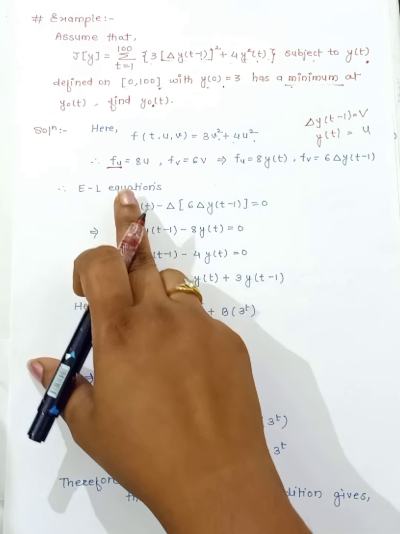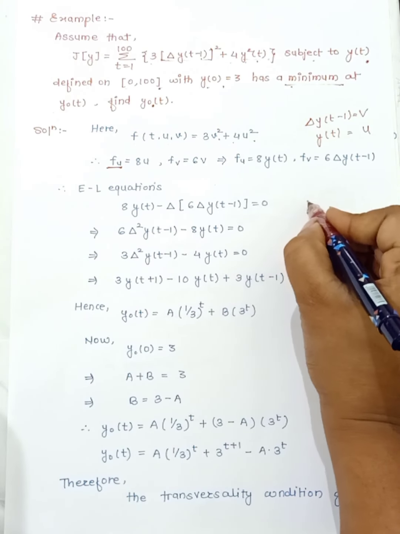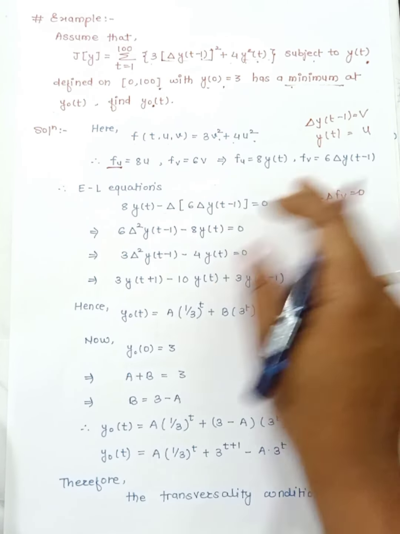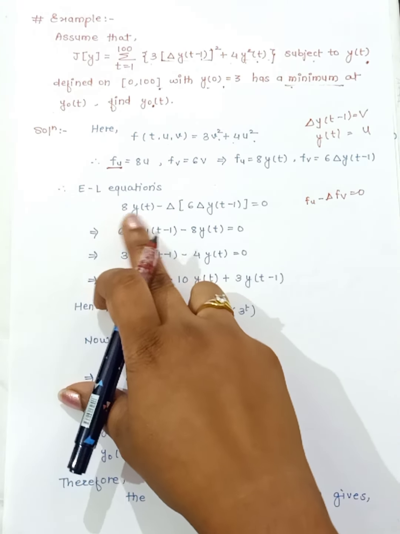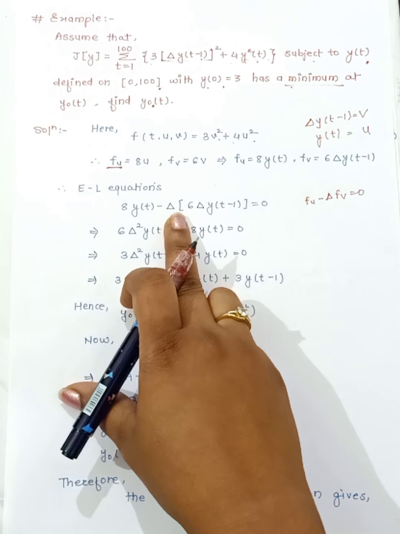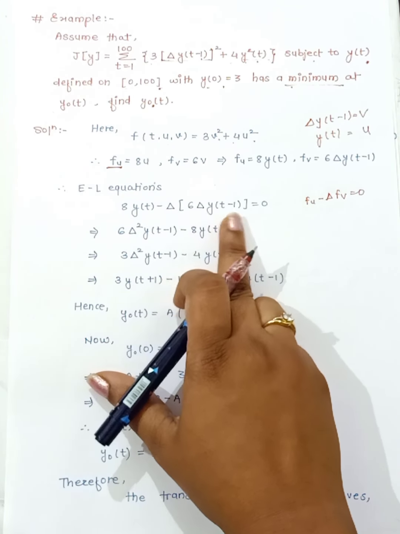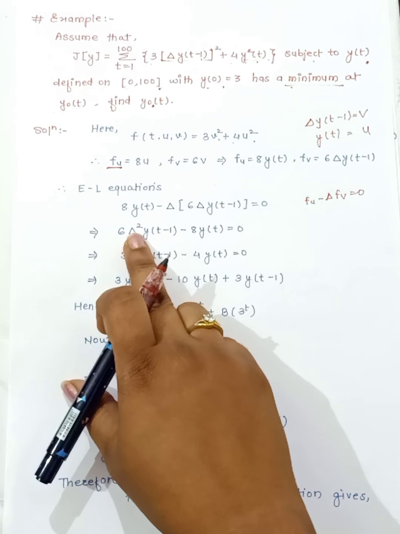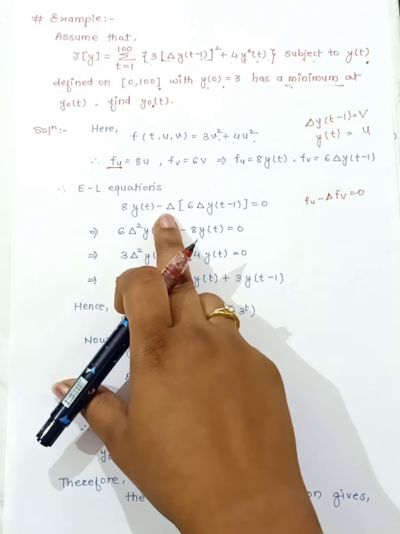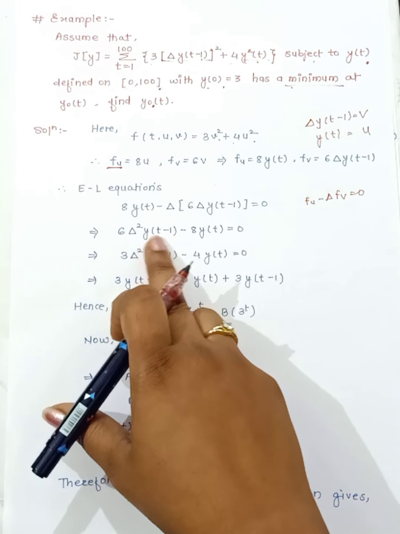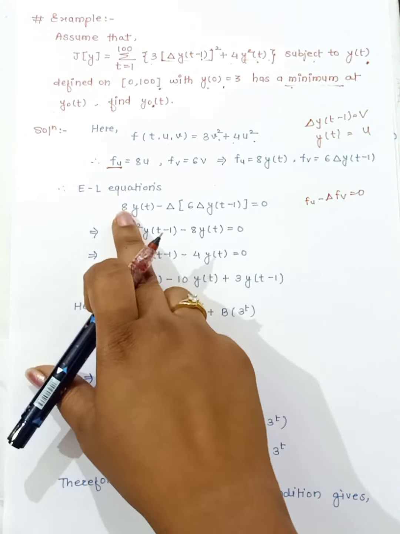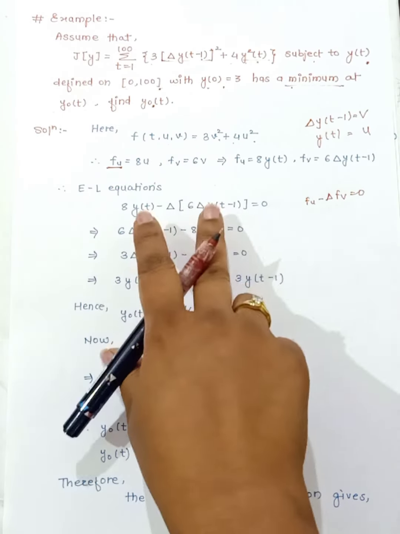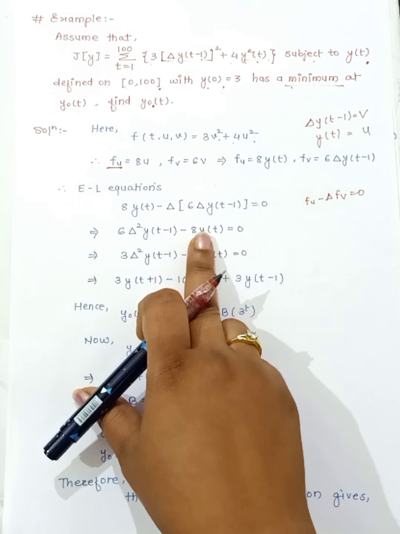Therefore the EL equation काय होतं आपलं? fu minus delta fv equals 0. So the EL equation will be 8y of t minus delta 6 into delta y of t minus 1 equals 0. So 6 delta square y of t minus 1 हा delta आत गेला, delta square y of t minus 1 minus 8y of t equals 0. आपण याची साईड चेंज केली म्हणून साइन्स चेंज झाला.